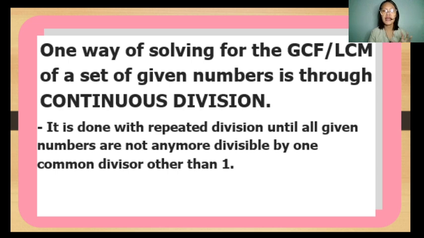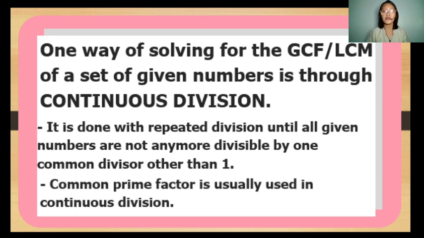And ano po yung mga gagamitin natin na number to divide the set of given numbers? We commonly use common prime factor. Ano po yung mga common prime factor na yon? Also known as prime number. So, dun sa divisibility rules natin, i-apply natin to. Yung prime numbers natin dun ay 2, 3, 5, 7, and 11.